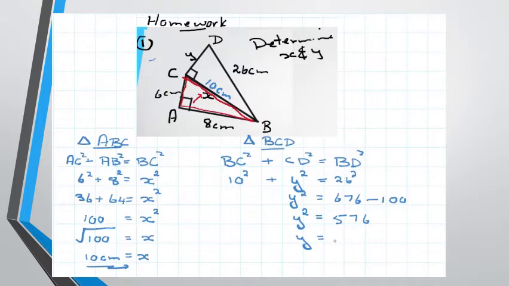I have the square root of 576, and then y gives me the answer of 24, and that's centimeters. Guys, if you identify the triangles as I've pointed out in the diagram, then it really becomes much easier. Let's go for question number 2.